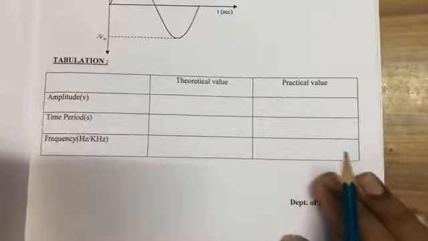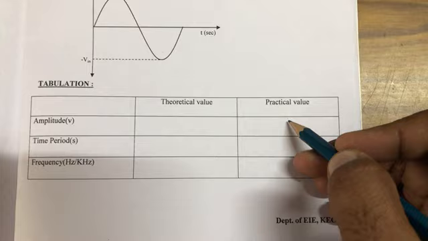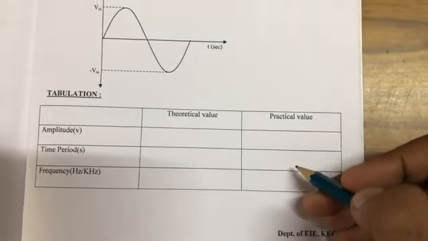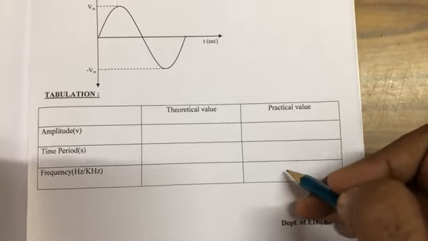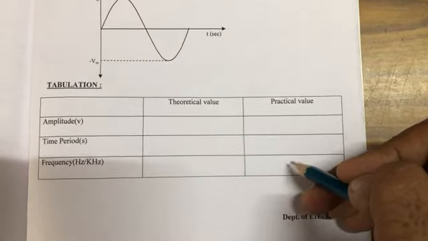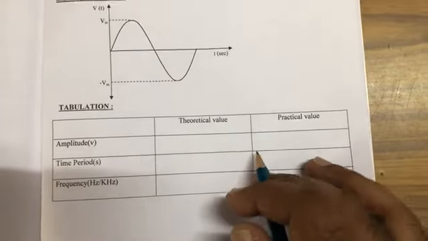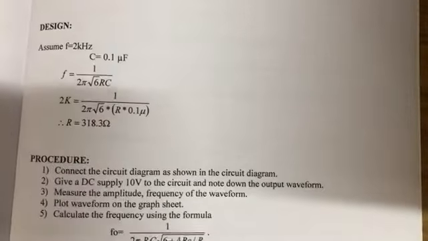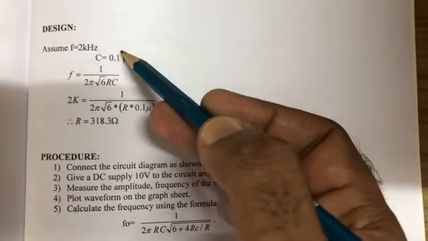Okay. So the tabulation part. From the practical, that is from the CRO, you have to measure the amplitude and time period, and then measure the frequency, that is 1 by T, right? From the practical time period, you have to calculate the frequency, and compare with the theoretical frequency. We had already designed based on the input frequency of 2 kilohertz.